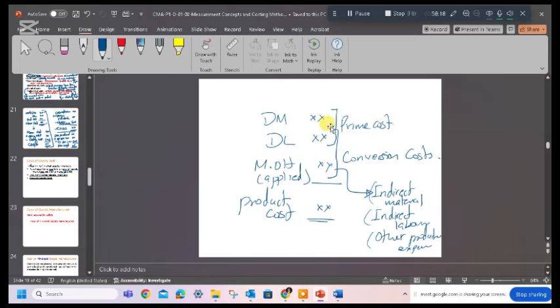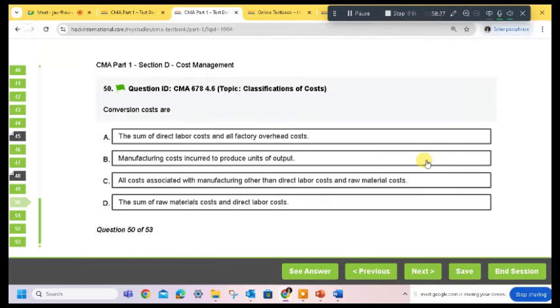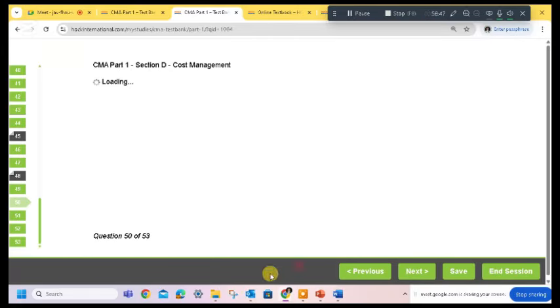Conversion cost means labor and manufacturing overhead together, the sum of labor and factory overhead.